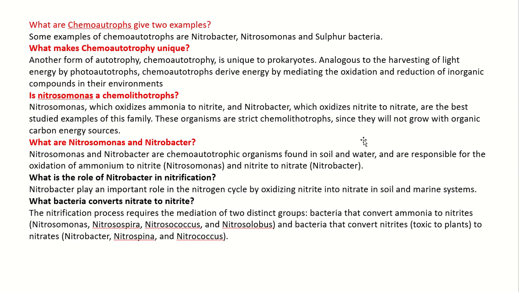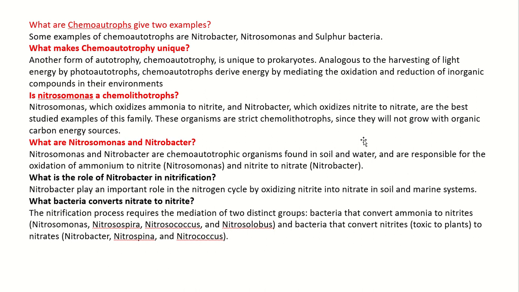So as I said, chemoautotrophs: Nitrobacter, Nitrosomonas, and sulfur bacteria. Nitrosomonas oxidizes ammonia to nitrite, and Nitrobacter, nitrite to nitrate, which are the best suitable examples of these chemolithotrophs. Whether it is this or that, it can also be asked in the examination.